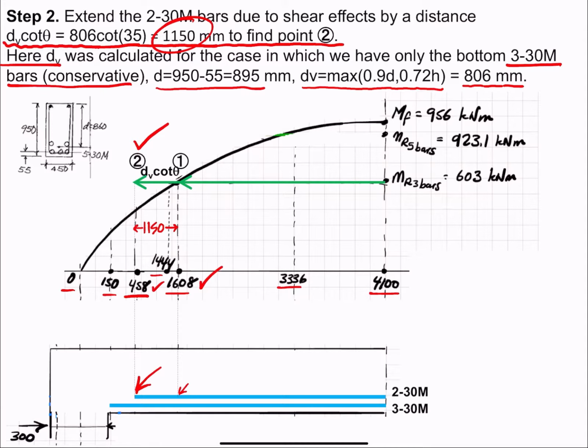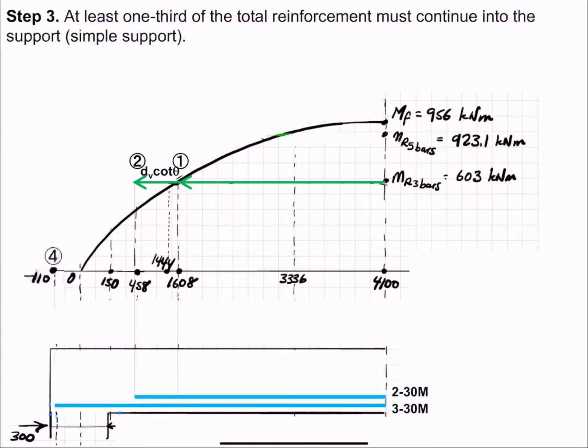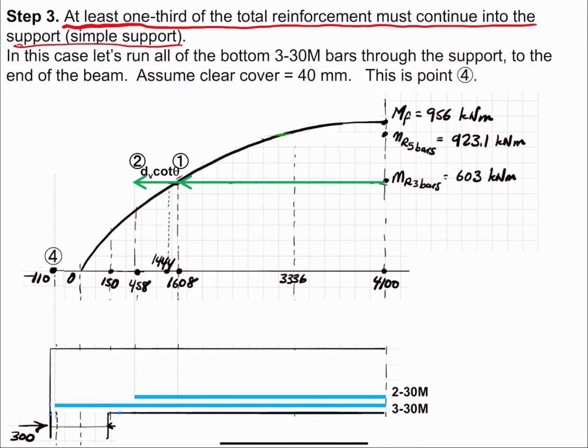So what about the bars that go into the support, for example? It says at least 1/3 of the total reinforcement must continue into the support, if it's a simple support. So in this particular case, let's run all the 3 30s through the support.